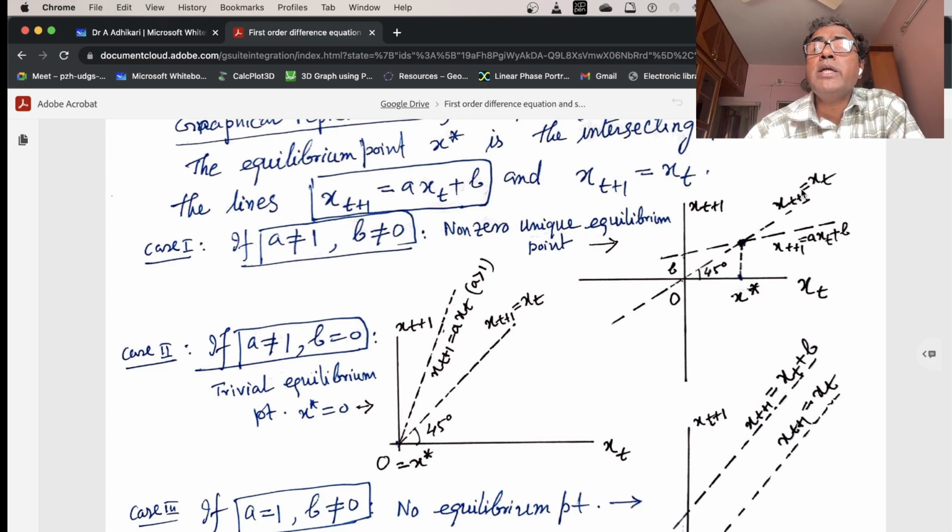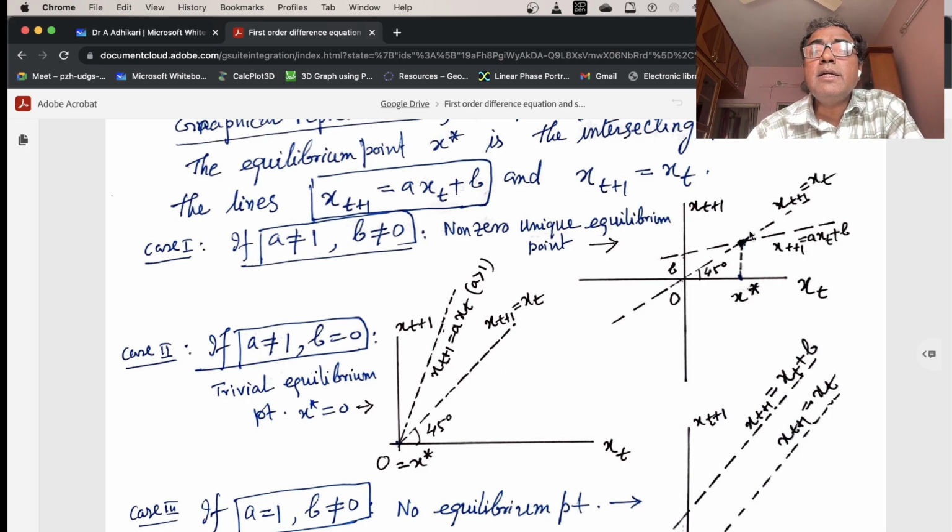So this line is y equal to x, passing through origin with an angle of 45 degrees to the positive x-axis. And xt plus 1, that is y equal to ax plus b. So b is the y-intercept and a is the slope of this line.